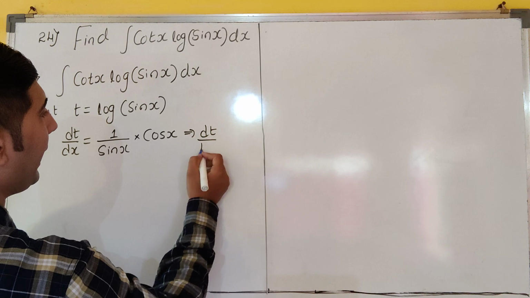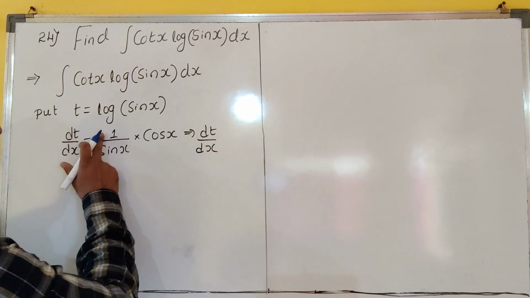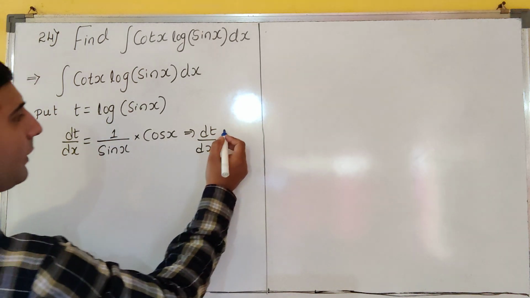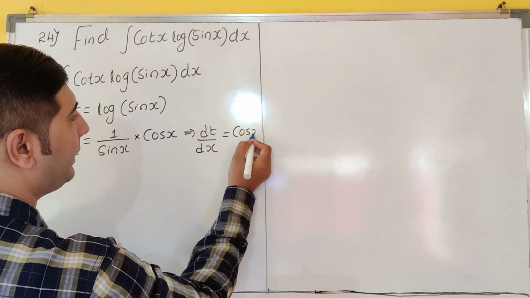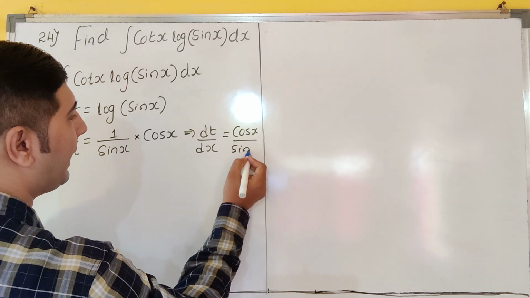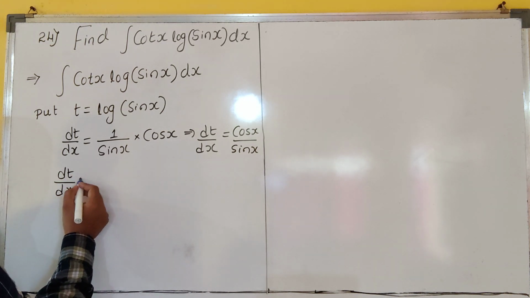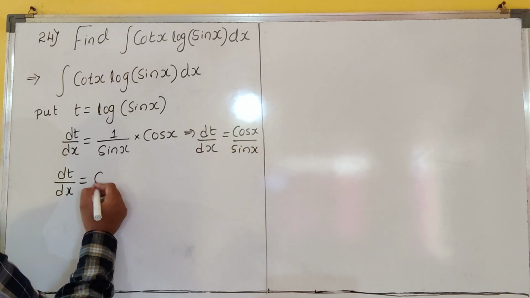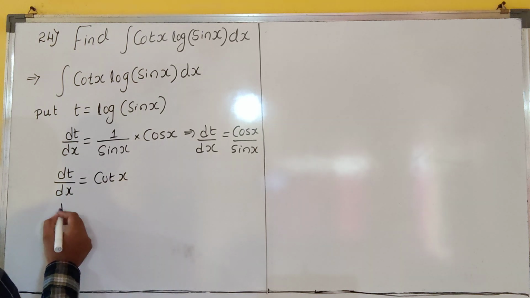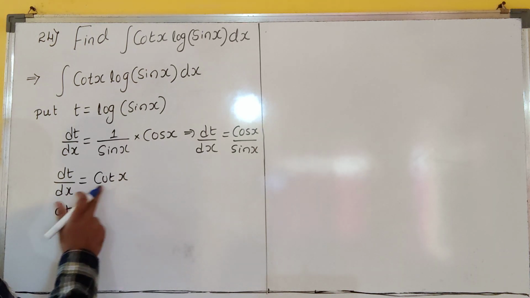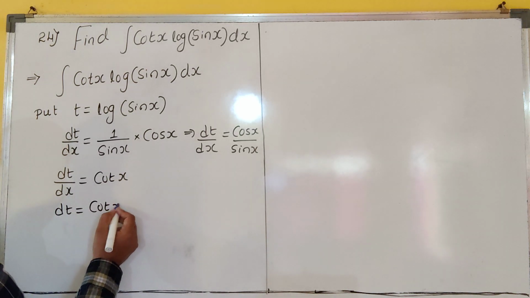dt by dx. See, 1 into cos x is cos x, cos x divided by sin x. Now see, dt by dx, cos by sin is cot x or not? So now dt is equal to how much? So dx you cross multiply.